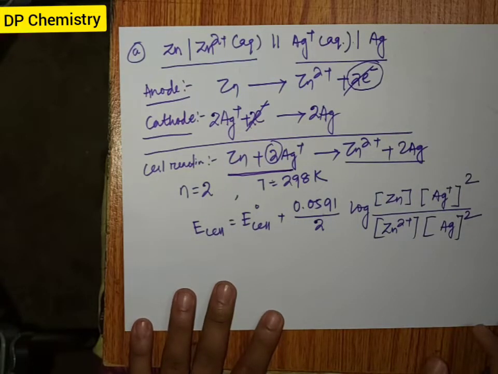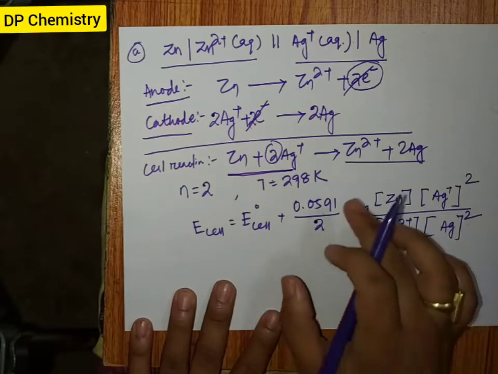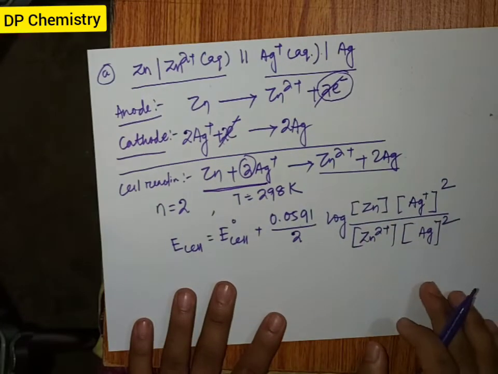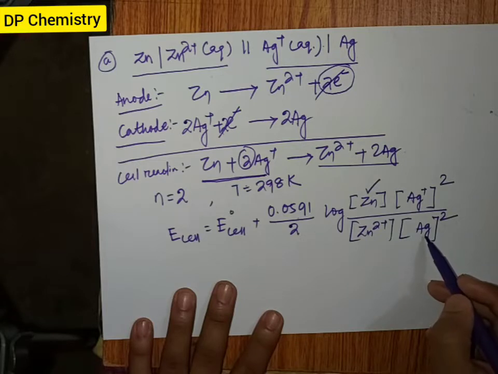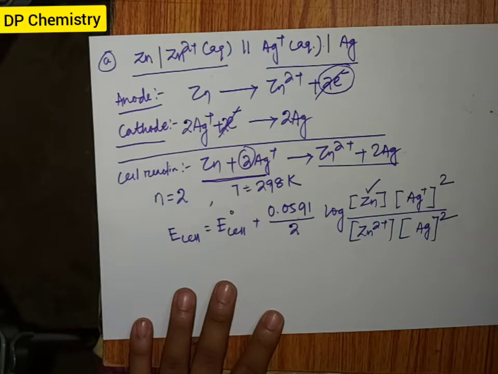Now you have to do something. It is going to be further reduced to another form. Here the concentration of zinc is a pure solid, so it will be taken as unity, or 1. And the concentration of Ag is also a pure solid, so it will be taken as 1, right?